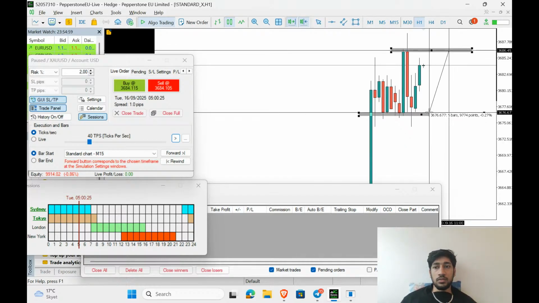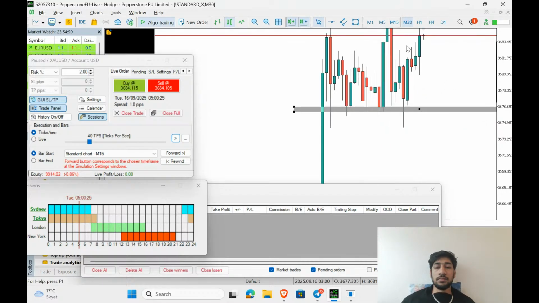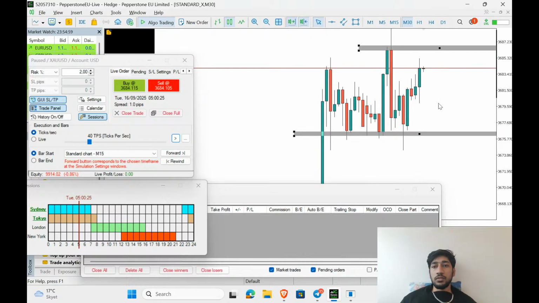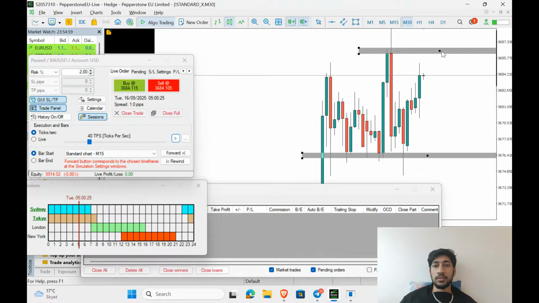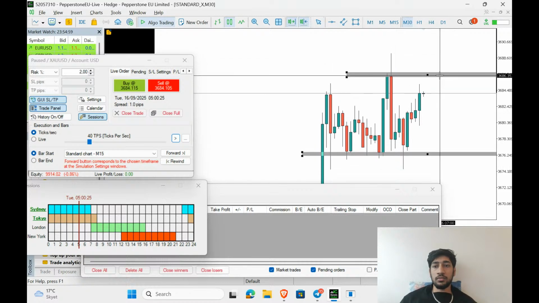So this is a 76 8600 pip range. In M30 we have this support, we have this resistance, so we are basically ranging. If I get a candle to close above this, we have this wick to fill and this price to move up.